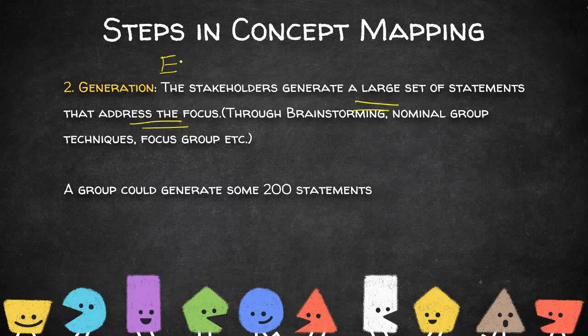Let's say the stakeholders are the policy makers, a set of 20 people, and they are coming up with different kinds of statements like, okay, there should be programs that promote education, quality of life, means of livelihood, and all such interventions that address directly or indirectly the economic status of a person, so that it improves the economic status of, let's say, a poor person.